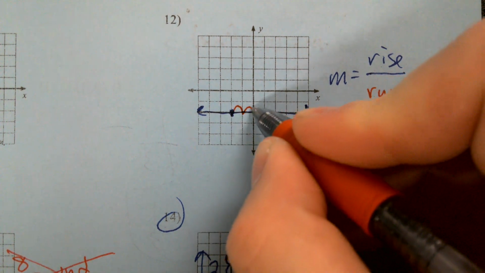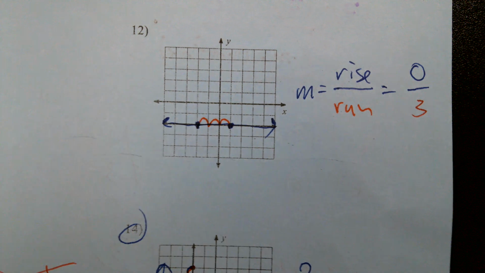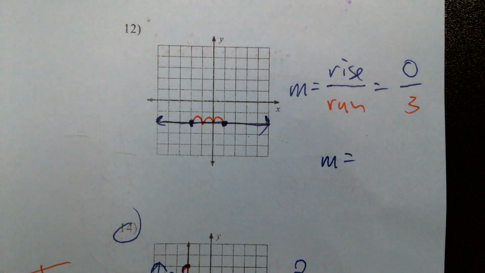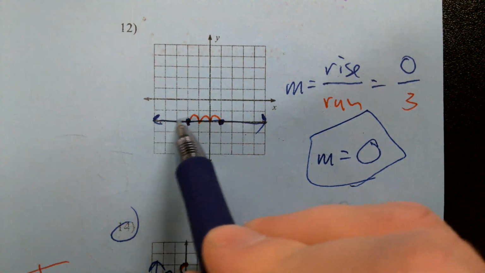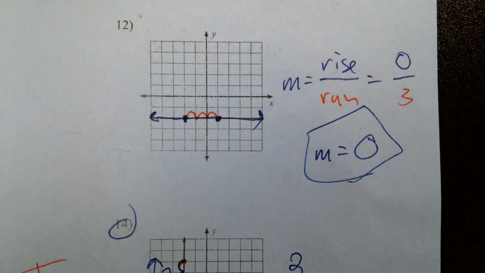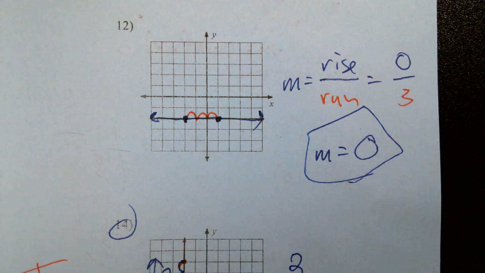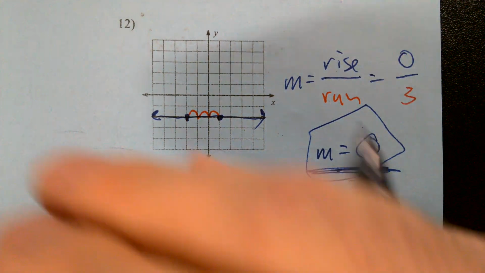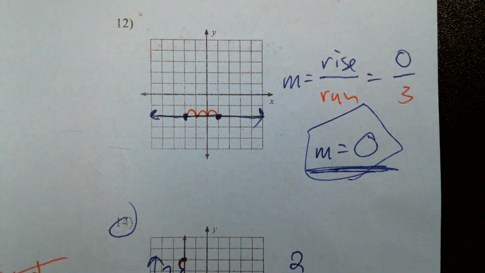But we're going to run over 1, 2, 3. So rise over run is 0 over 3. Anytime we have a 0 on top, our slope is going to be equal to what? 0. And remember, if I'm walking around the classroom on a flat surface, that requires about 0 effort. If you're walking flat on a treadmill, like we talked about yesterday, the incline of that treadmill is set to 0. So when you see a flat line, think about a slope of 0.